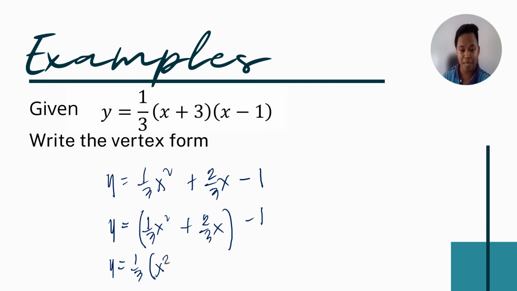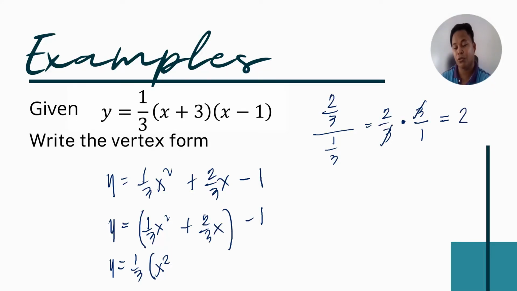It will become x squared and 2/3 divided by 1/3. 2/3 divided by 1/3 is equal to 2/3 times the reciprocal of 1/3, which is 3/1. Therefore, the product is equal to, cancel na po ito, 2, plus 2x minus 1.